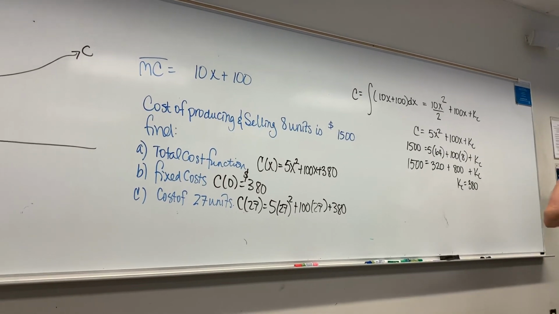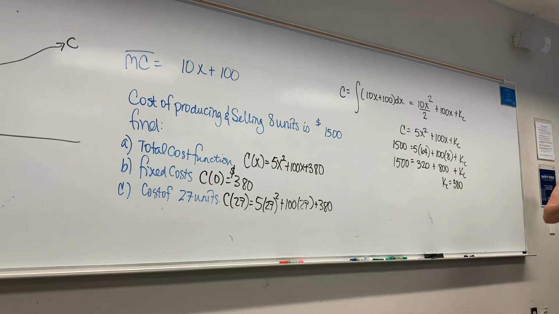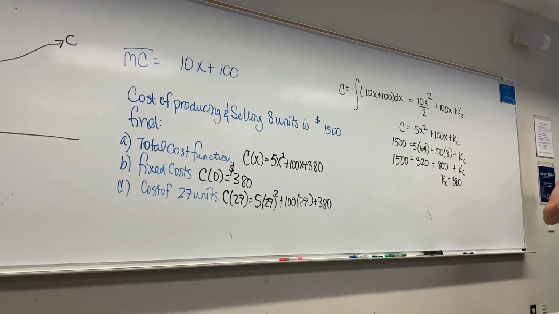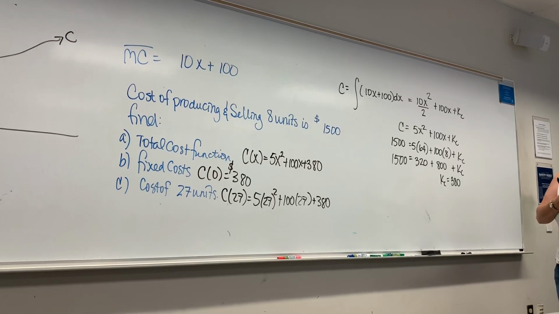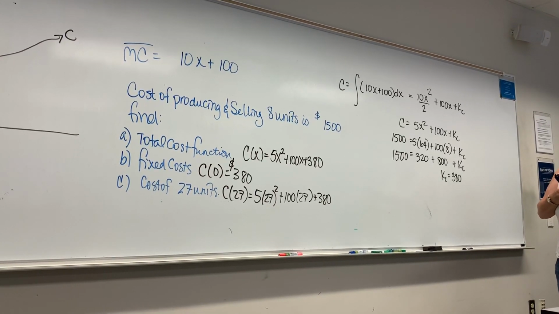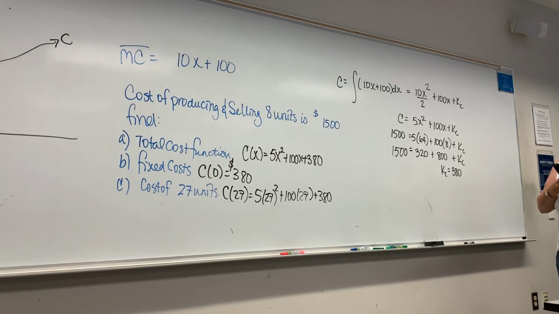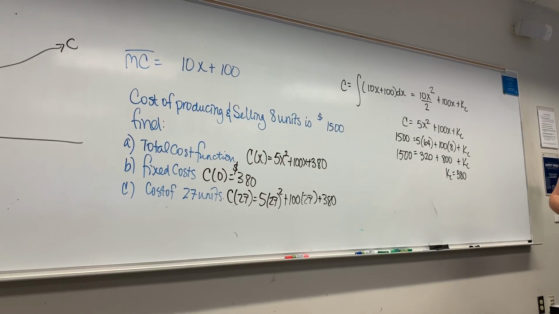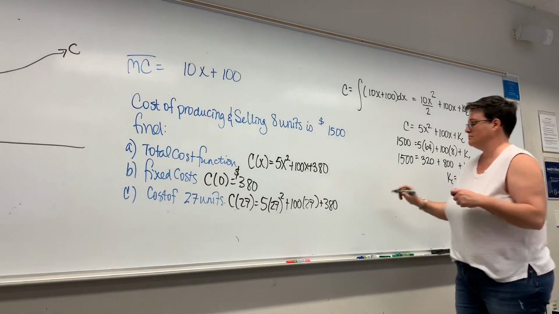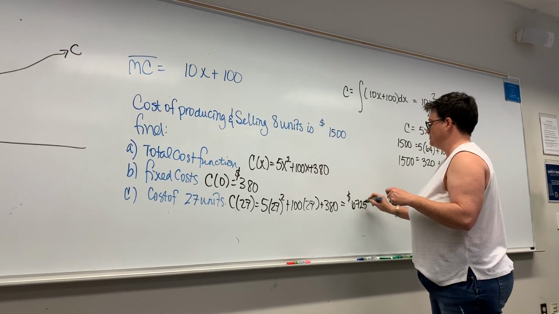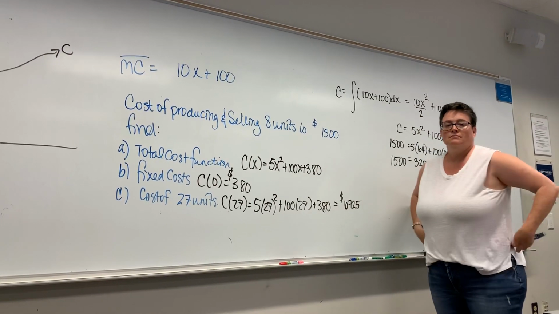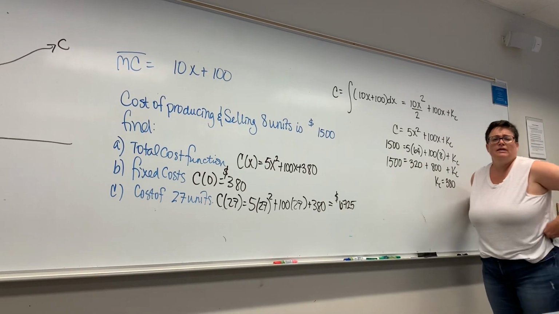I'm not clear about what you said about setting it equal to 0. So you have 1,500 equals 320 plus 800 plus k sub c.